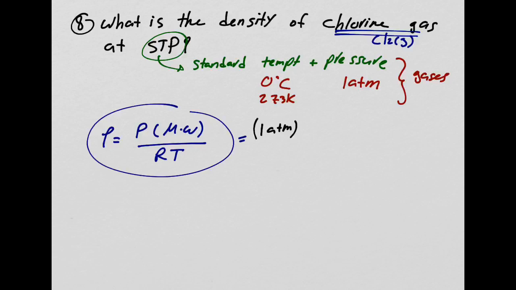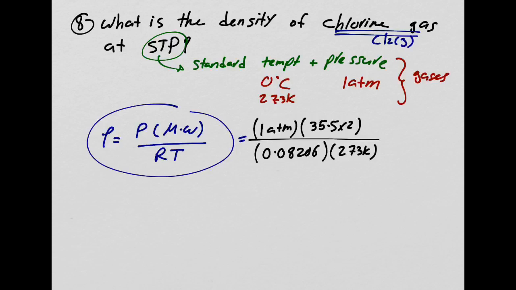So the molecular weight of chlorine gas would be 35.5 times 2, because chlorine gas is Cl2. What is R? 0.08206. And what is my T? 273 Kelvin. When I do everything else, you end up getting 3.2 grams per liter. That would be the density of chlorine gas.